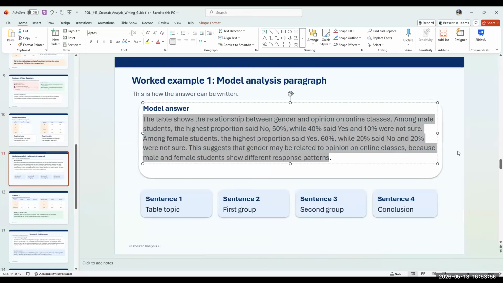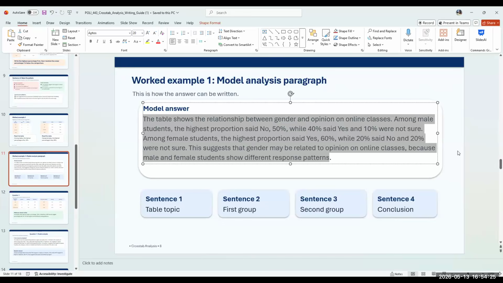Among female students, the highest proportion said yes, which is 60%, whilst 20% said no, and 20% were not sure. This suggests that gender may be related to opinions on online classes, because male and female students show different response patterns. I'm done.